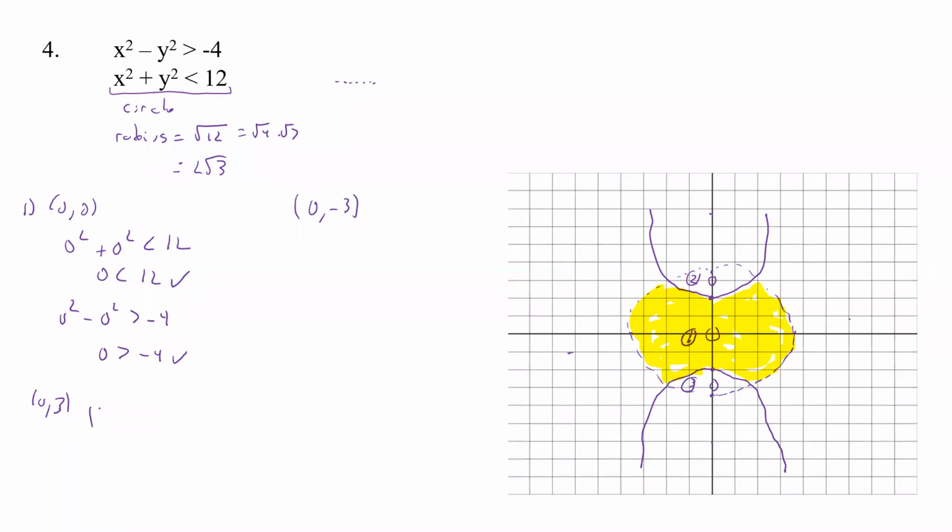No, 9's not less than 12, so that's false. And the same thing happens here, that's false as well, because squaring that gives us 9 again. And if we did it in the first one, it'd be 0 minus 9, which is -9, and that's not greater than -4, it's less than -4.